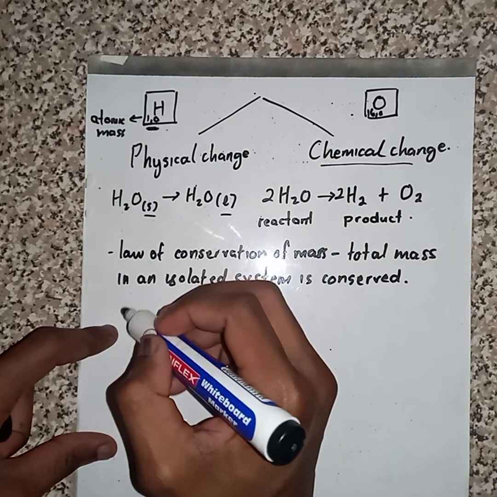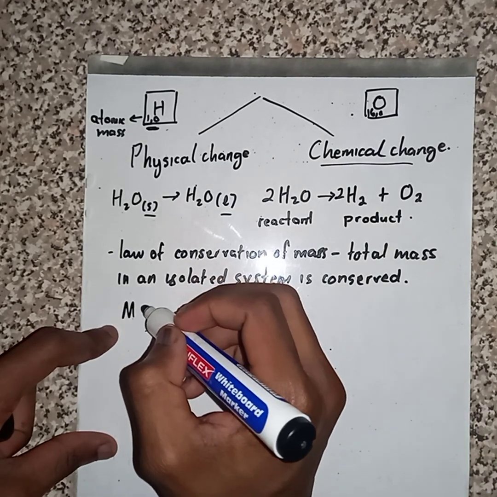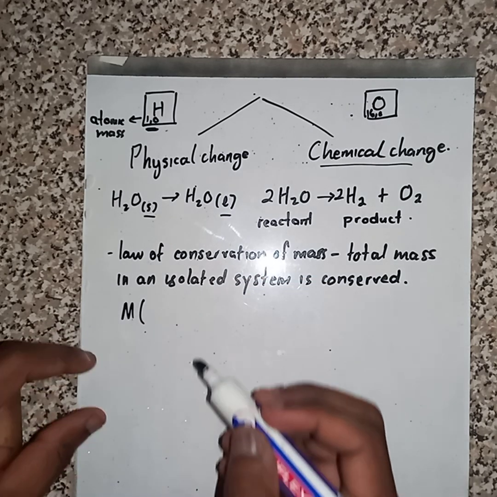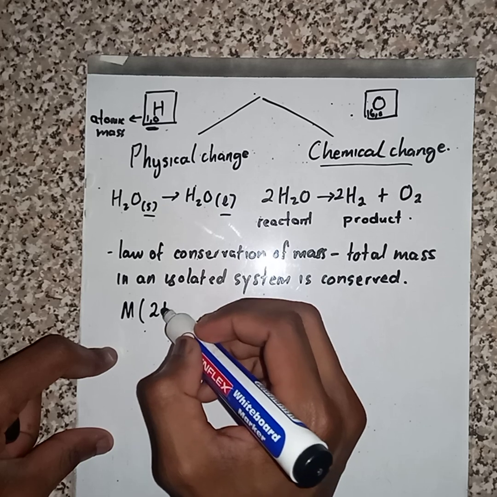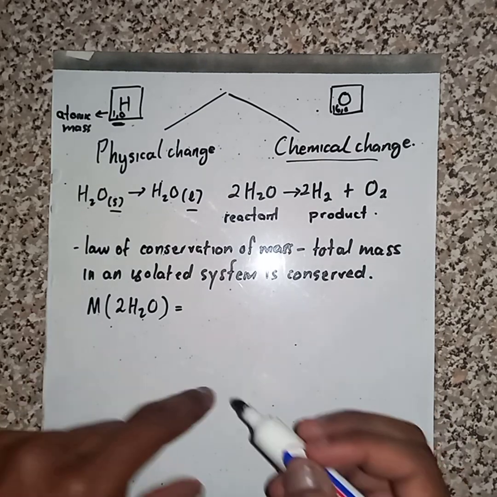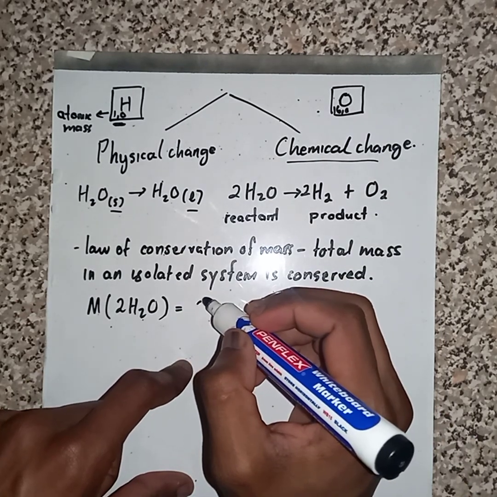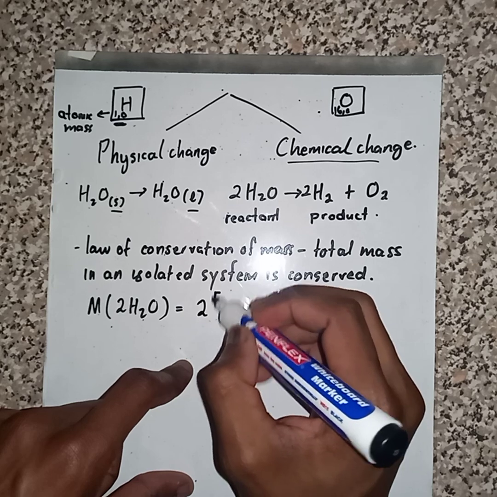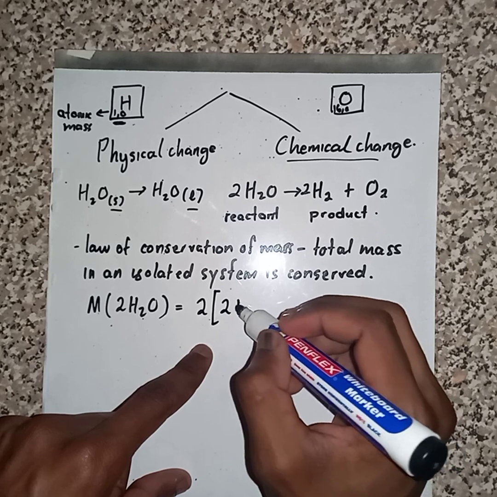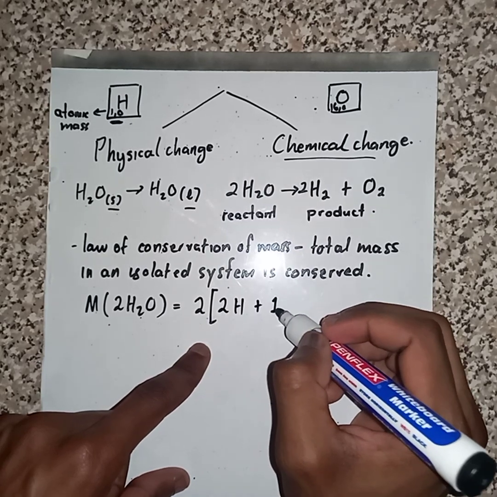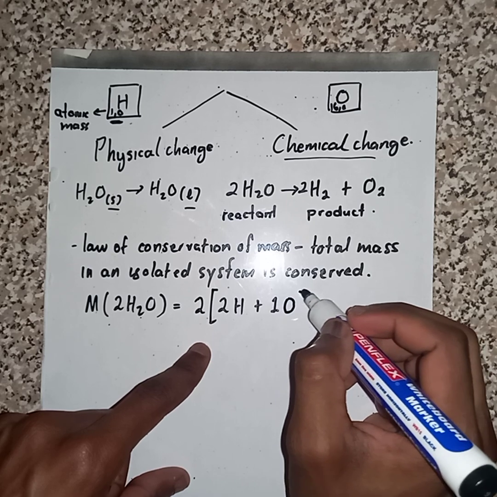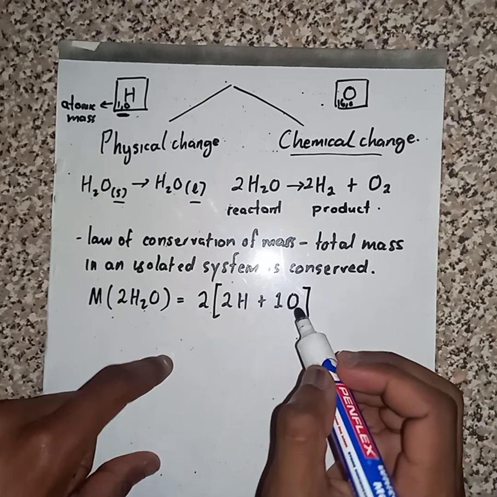We are going to consider now the atomic mass of 2H2O, which is going to be 2 (you write this 2 outside the brackets), then we have 2H plus 1 oxygen. It's not 0, it's oxygen.